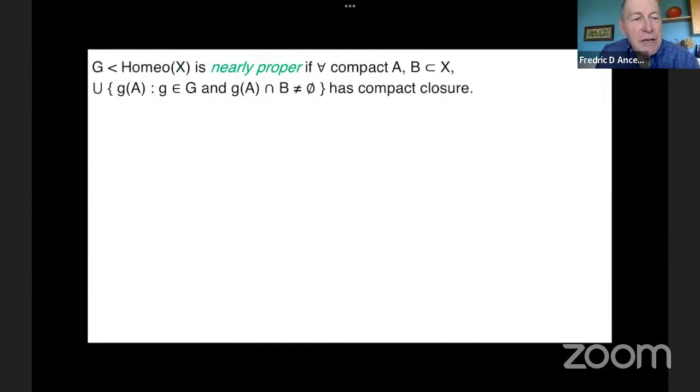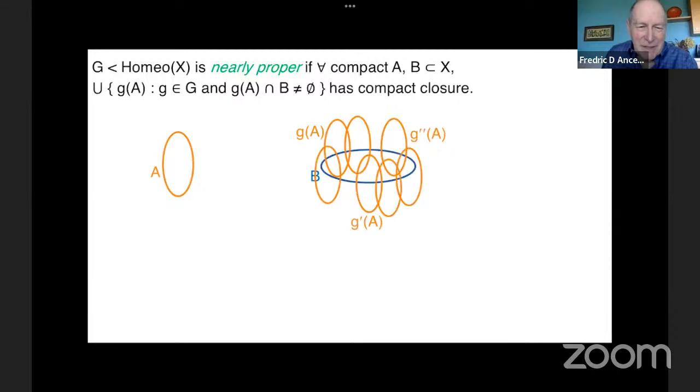So I'm going to introduce a property of the way the group acts on the space. We'll say that the action is nearly proper if, given two compact sets of the space, you look at all of the images under the group of one of the sets that intersect the other set, and that has compact closure. So here's a little illustration. I have A and I look at all of its images under the group, and that union should have compact closure. That's what the group action being nearly proper means.